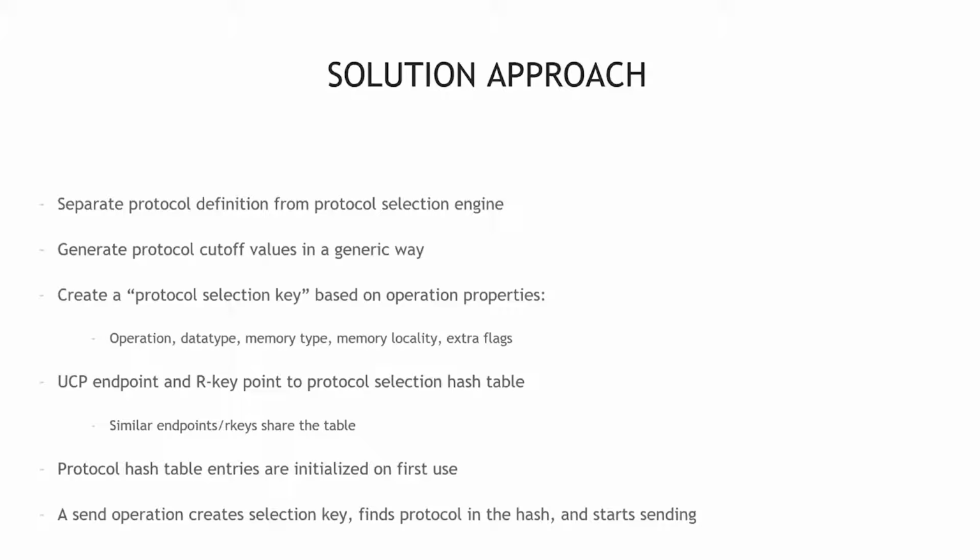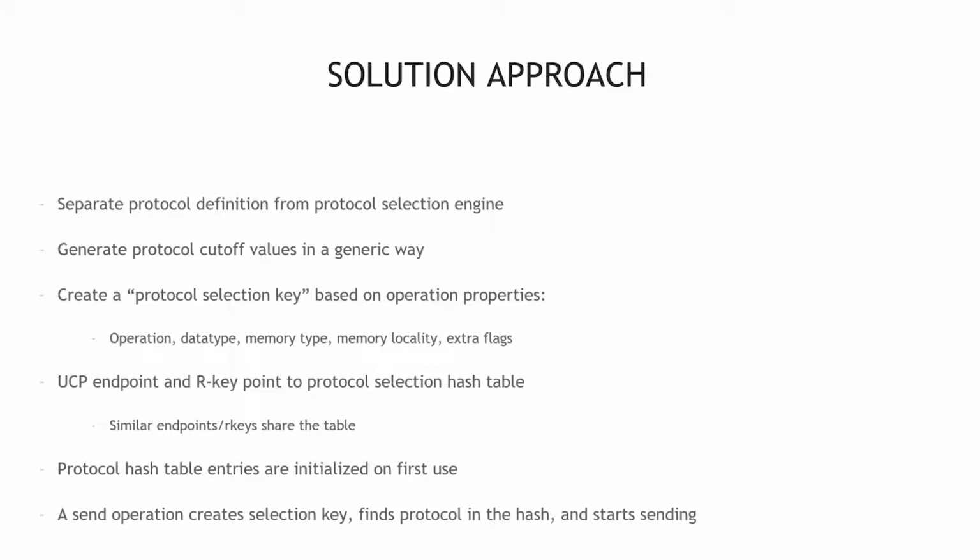So all of these can be combined together into a hash table. So instead of doing multiple checks, we can do everything at once. Maybe a hash lookup could be a bit slower than a single branch, but it's definitely faster than multiple branches. And we have this hash table per every endpoint for operations which are local, like sending stuff.